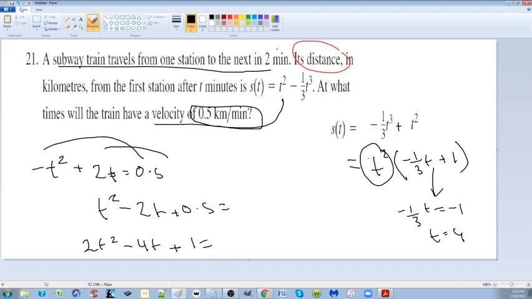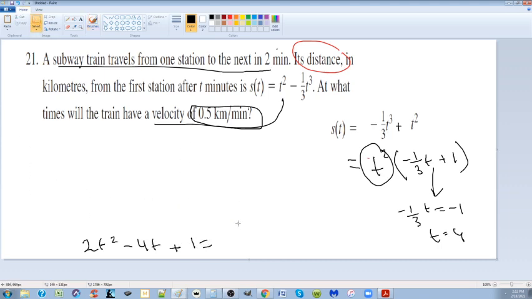And now it might be easier to see, and I don't think it is solvable. Well, I'm going to go back to the original one just in case I made a mistake there.